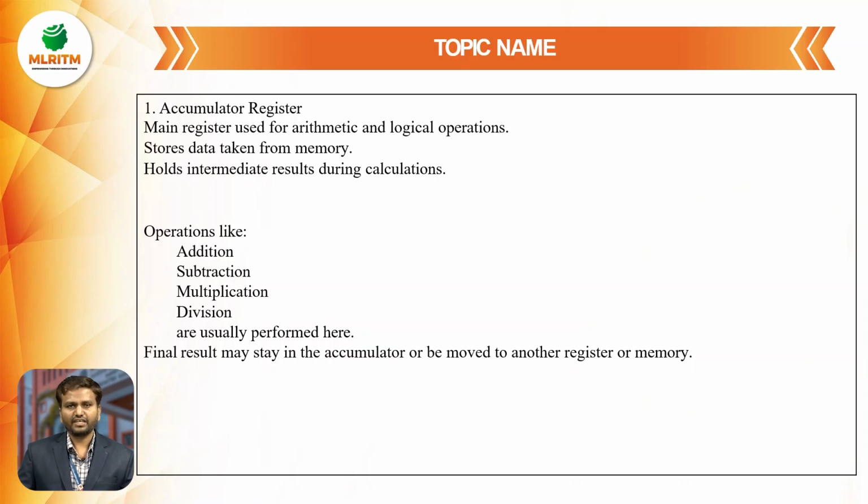These are machine-understandable operations, with symbols and truth tables that we have seen. The accumulator stores data taken from memory and holds intermediate results during calculations. Addition, subtraction, multiplication, and division operations are usually performed here.